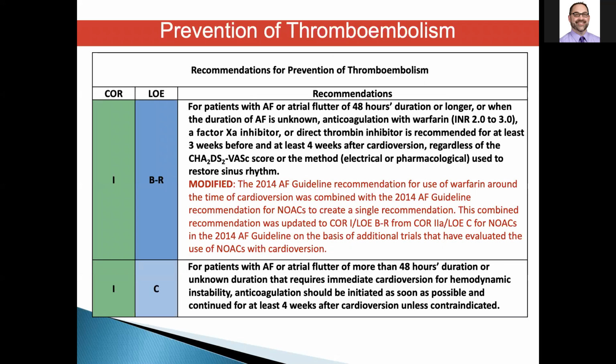This is talking about patients in AFib or A-flutter for greater than 48-hour duration, or if they don't know when their AFib initiated, that you need to anticoagulate with warfarin or an oral anticoagulant for at least 3 to 4 weeks, or the patient needs to have TEE prior to cardioversion.